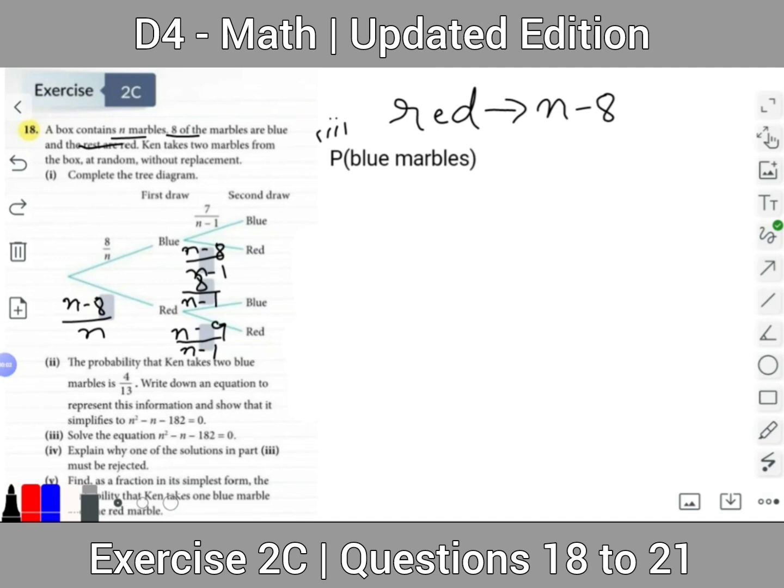Now part 2: the probability that Ken takes two blue marbles is 4 over 13. So for the first marble to be blue, the probability is 8 over n, and for the second marble to be blue, the probability is 7 over n minus 1.